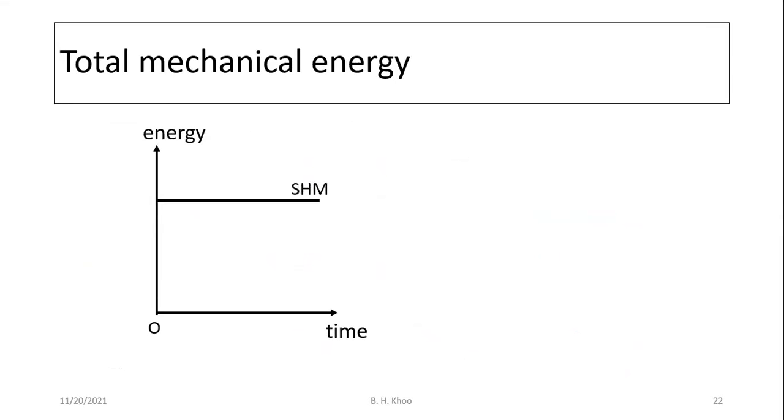Whereas in damped oscillation, depending on how much damping there is, the energy will decrease to zero finally. The loss in energy appears as work done against the air resistance or resistive force. So the energy starts to decrease.